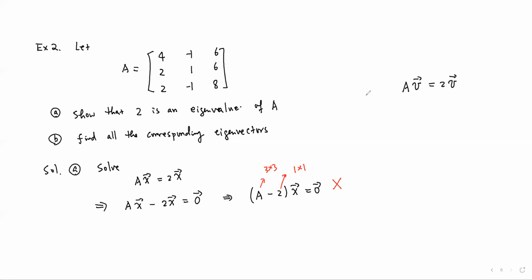Then how to take out x? Here, in A times x, let me write the second term as 2 times the 3x3 identity matrix times x, since the identity matrix times x is equal to x. Now take out the vector x.